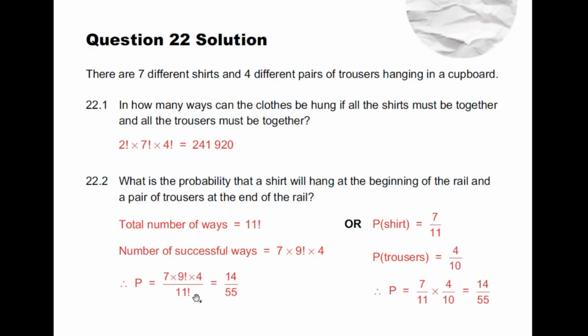And I think you can see what's going to happen here. Because what's the probability of a shirt in the beginning? There's 7 shirts over 11 items of clothing. So 7 over 11 that a shirt will be in the beginning. Trousers, there are 4 trousers. How many clothes are left once the shirt is at the beginning? 10. Same answer.